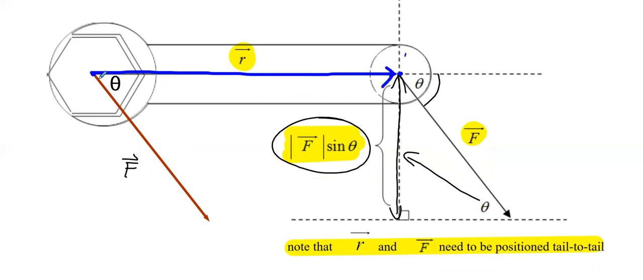Okay, and so one would be acting to turn the wrench, and the other one is the force along the actual instrument itself. And the calculation here is based on the magnitude of the force being applied in the certain direction or the rotation, along with the sine of the angle between the forces there.